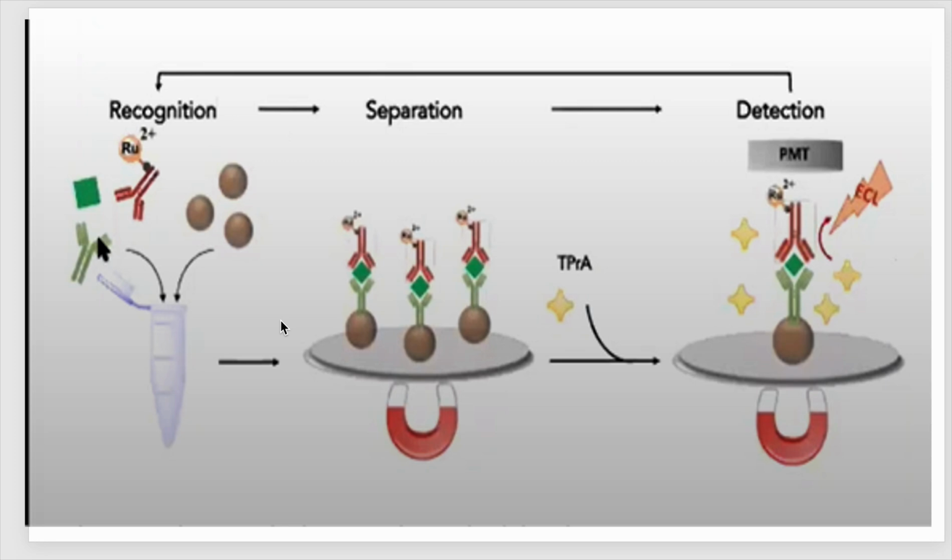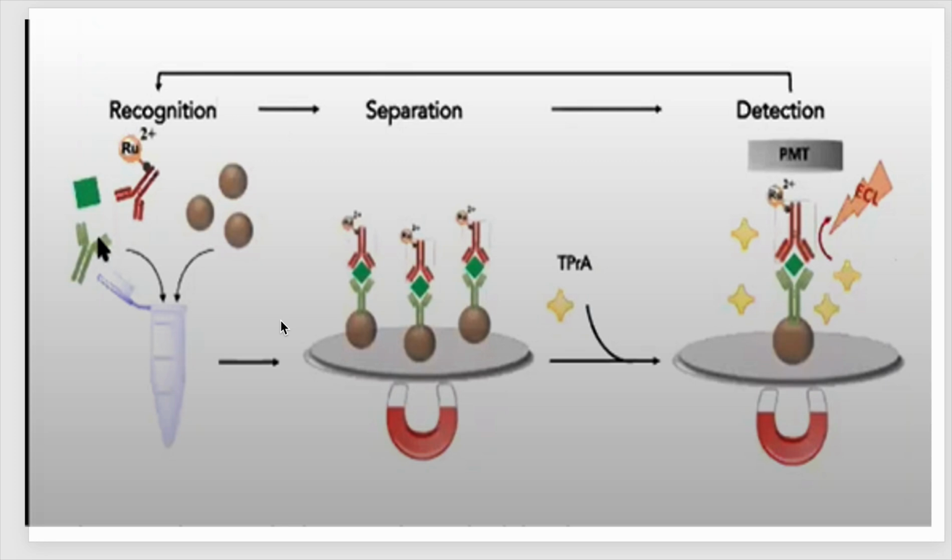So that's the reaction. And second, how we generate the light. After washing, TBA is introduced to the solution to provide the lighting. After that, we use a little bit of voltage to excite.